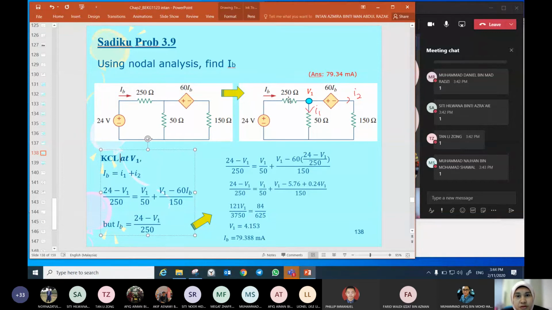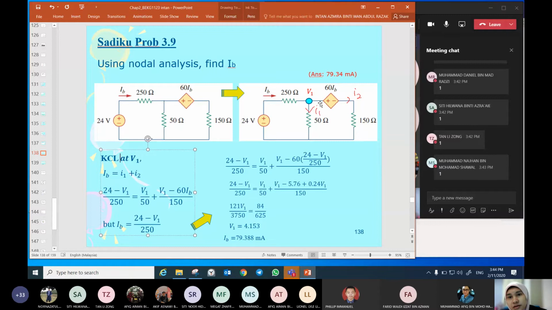If you want to make the current here leave V1, yes you can, but finally that current is equal to minus IB. So IB, which is 24 minus V1 divided by 250, is equal to I1, the current here, V1 over 50, plus I2. I2 is here, V1 minus 60 IB divided by 150.